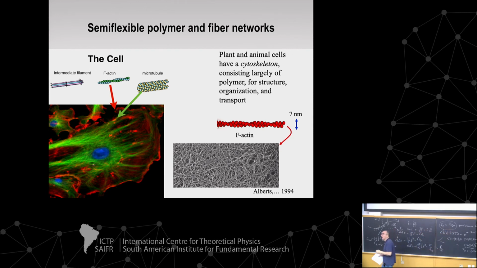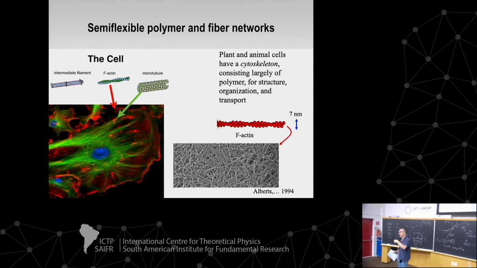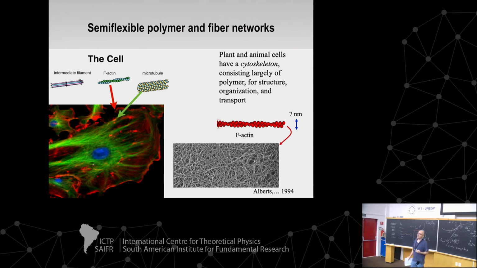The main reason I'm ignoring that is because typically the mesh size or the spacing between fibers is going to be of order hundreds of nanometers. It's hard to get long-range electrostatic effects in an aqueous environment, particularly when almost everything in biology is at high salt. High salt from the point of view of screening.